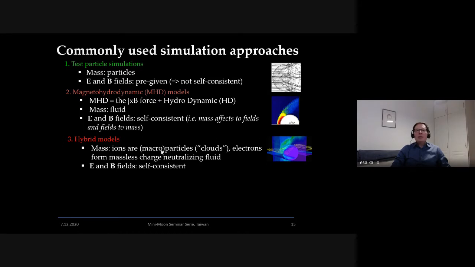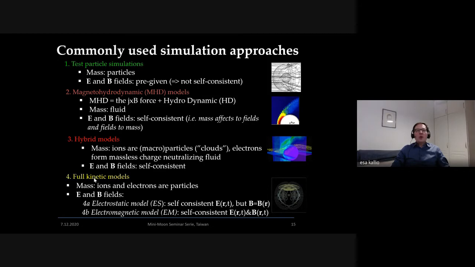When I say that in the hybrid model ions are particles, I don't say that we model all ions, but actually the particles are macroparticles or clouds. They represent, let's say, 10 to the power of 22, 23 or so real particles. But these clouds act as a single particle because they have the same mass per charge as a single particle. And it's a self-consistent model.